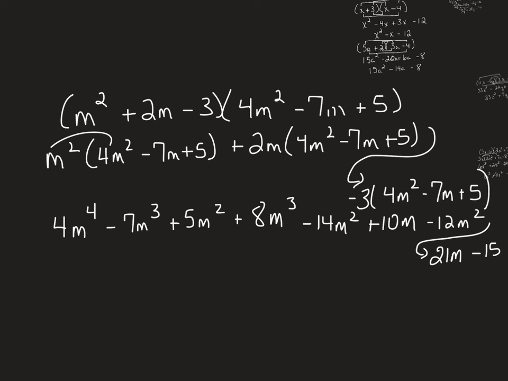So we've got a lot here. You need to be neat so we can work through and combine like terms. There's only one m to the fourth, so we start out with 4m to the fourth. Okay, we've taken care of that one. Notice I have 2 m cubed terms. Negative 7m cubed plus 8m cubed is going to be 1m cubed. So those are used. Let me go to a different color here. 3m squared terms.